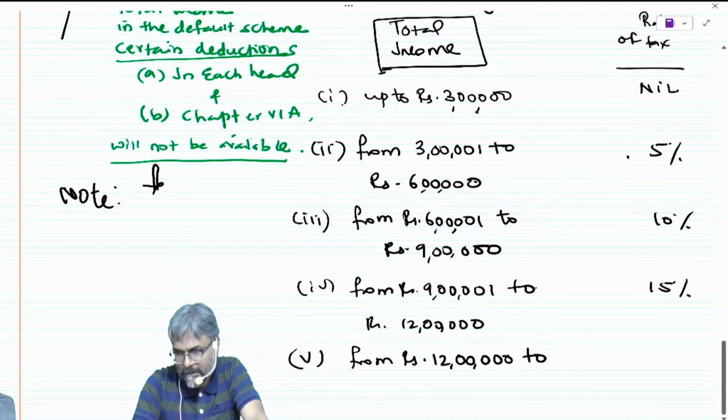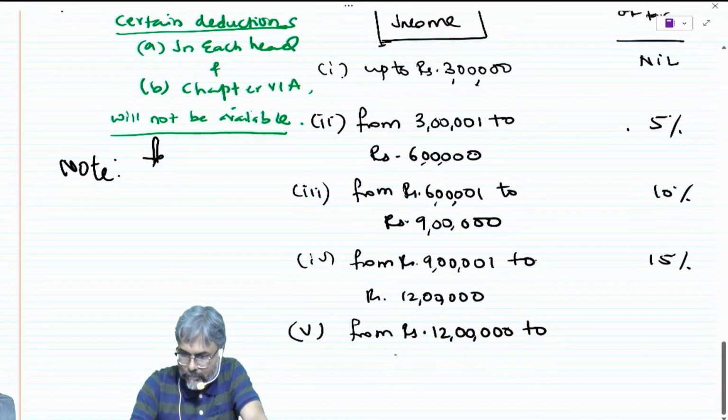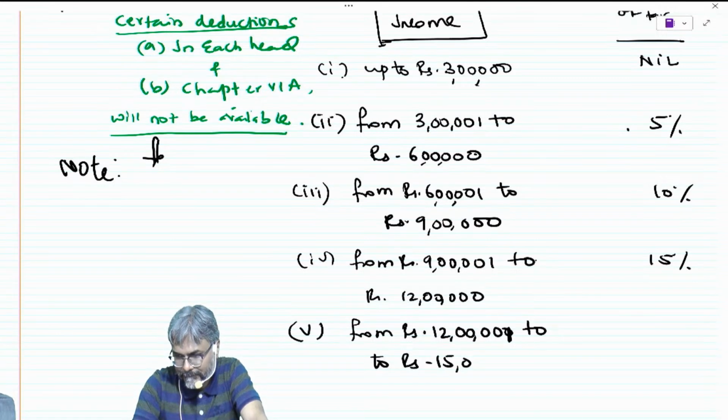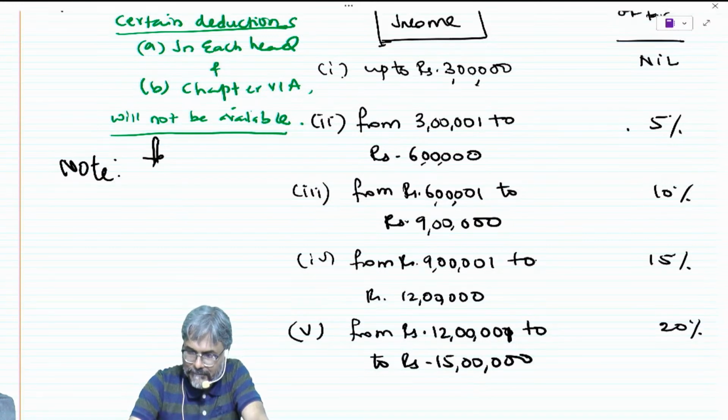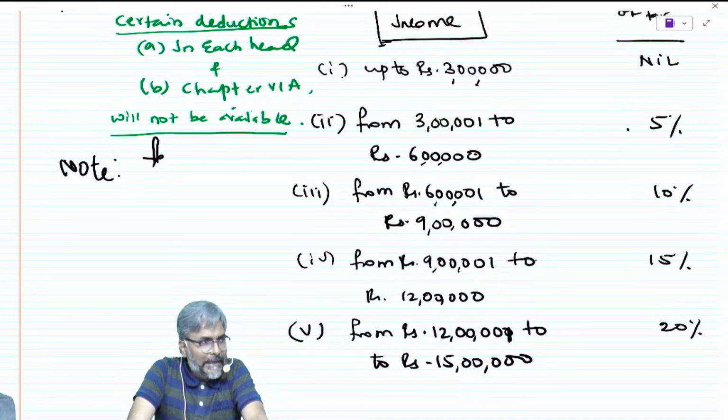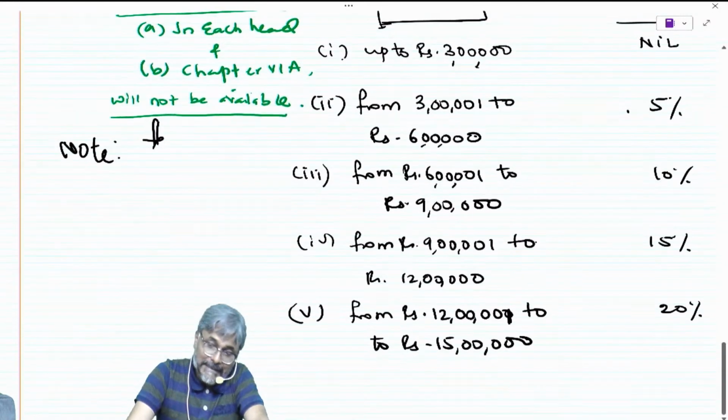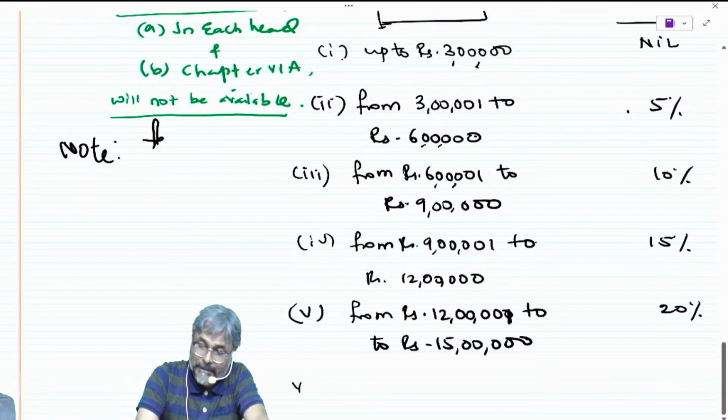Five percent increase, students. Start with 5 and a 5% increase. You will have to keep doing it. Once you touch 15 lakhs, then you reach 20. Then the government says, now enough of our patience.